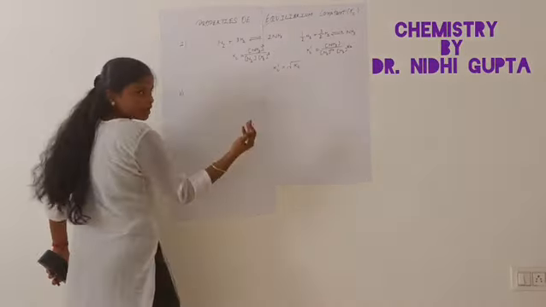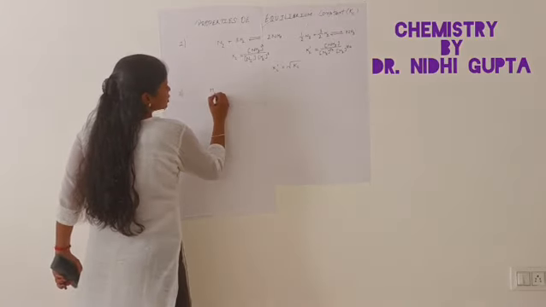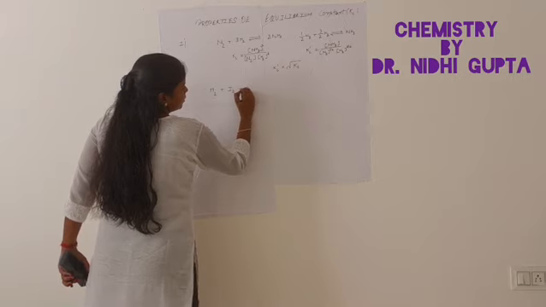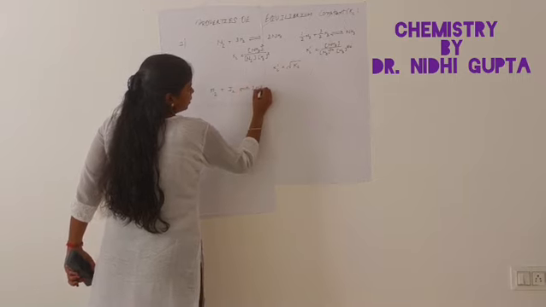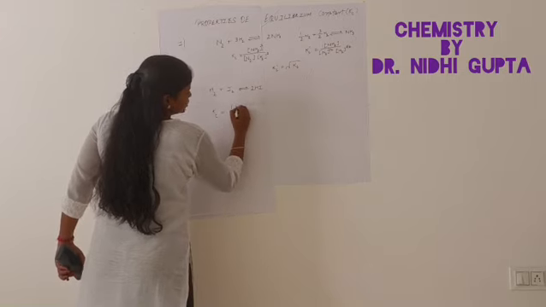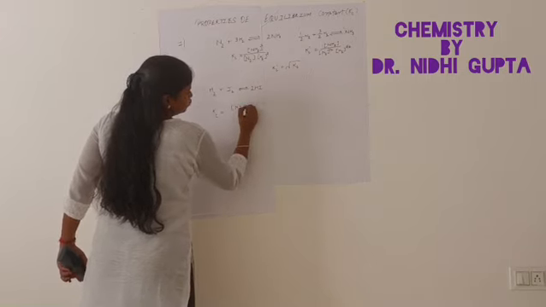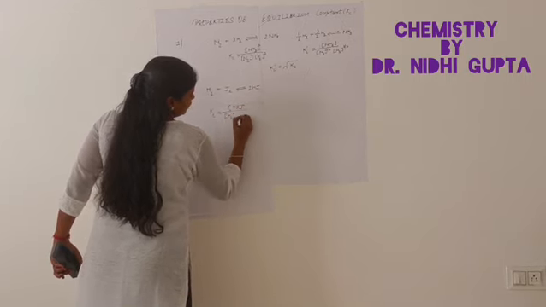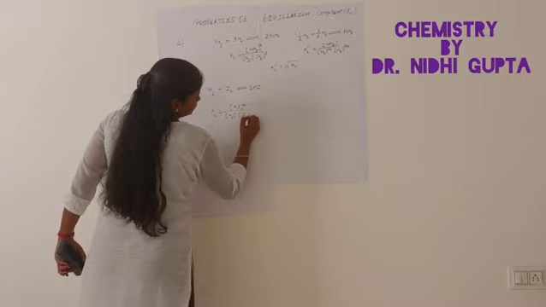So for this I am taking the example of the formation of HI. H2 plus I2 gives 2HI. Okay. So for this the Kc will be HI to the power 2, and then H2 to the power 1 and I2 to the power 1.